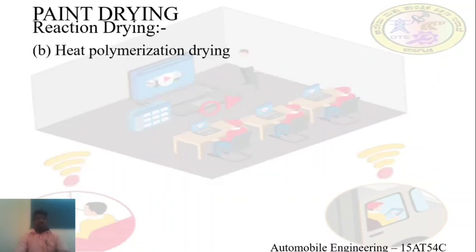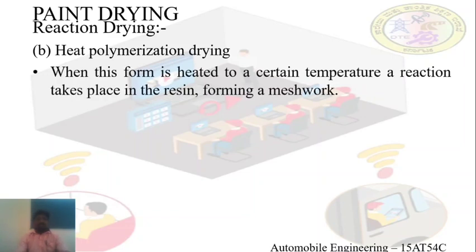Then the second type of reaction drying is heat polymerization drying. In this type, the paint is heated to a certain temperature. Because of the heating, a reaction takes place in the resin, which forms a meshwork.